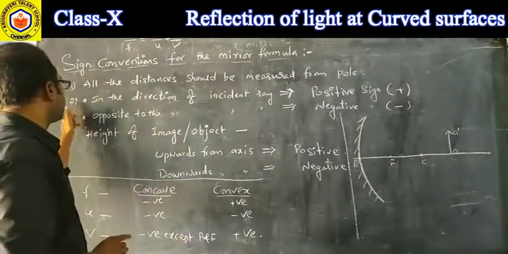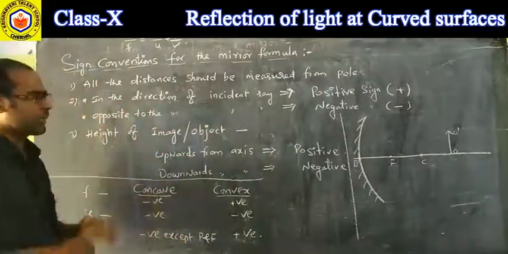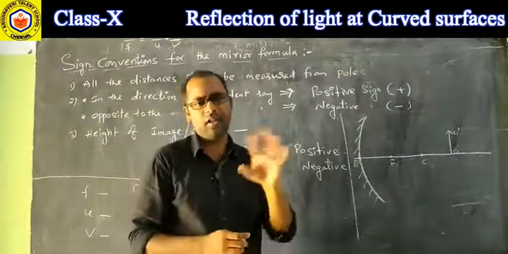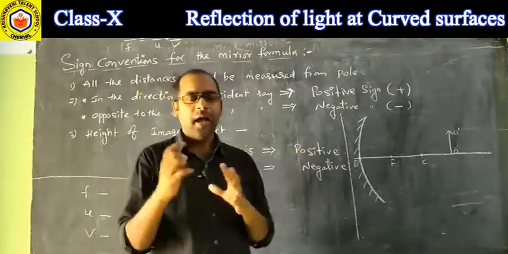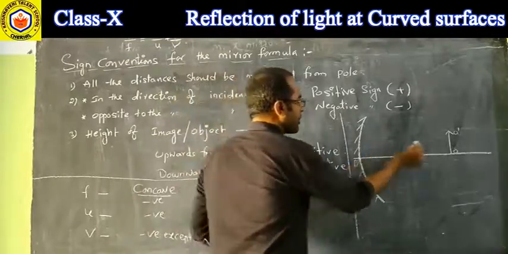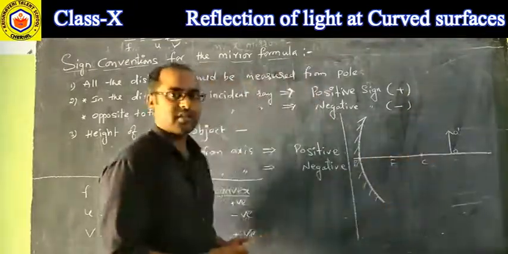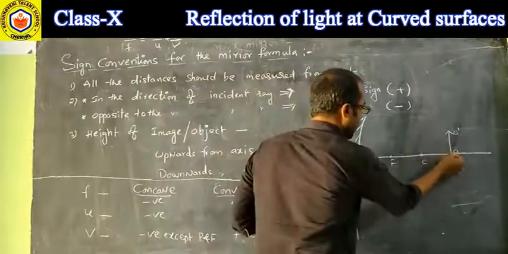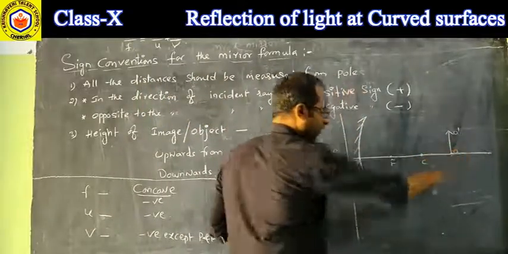Next, second. All the distances should be measured from the pole, and now we are going to measure the distance. Let us take the first distance, the object distance. The object is placed here, beyond the center of curvature.